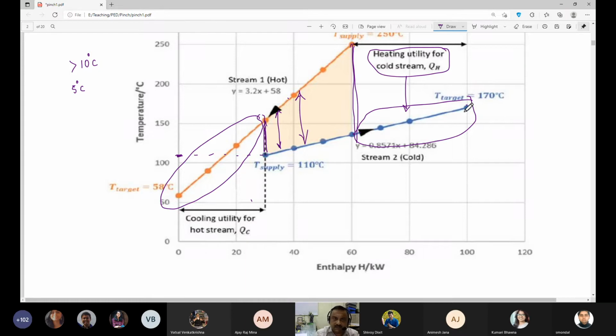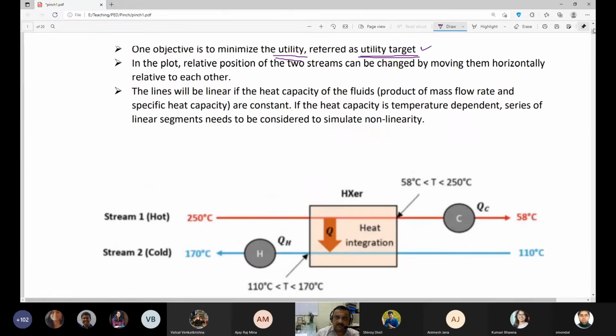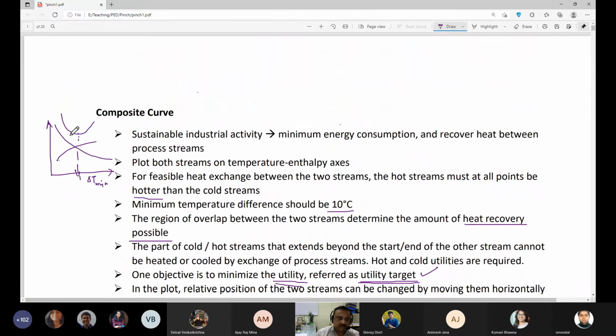There are some numbers available for the Indian context, so you have to get those numbers, and then find out how much energy cost there would be to provide this steam for a year. So you have to generate these plots as a function of delta T min, and find out where the total cost is minimized.